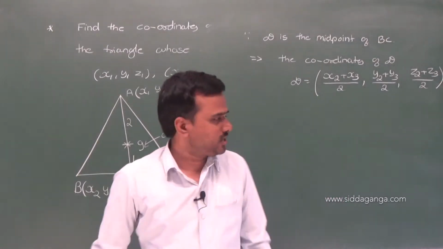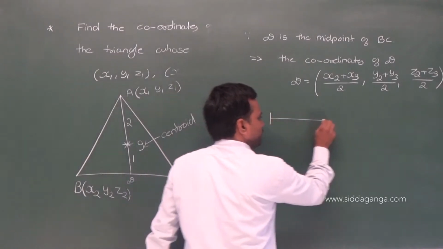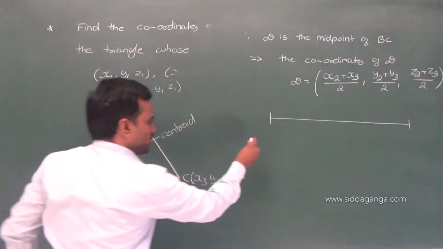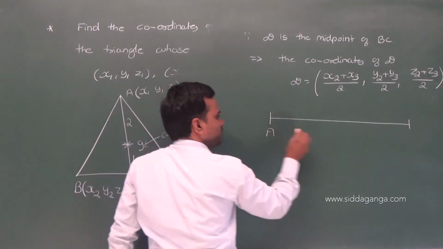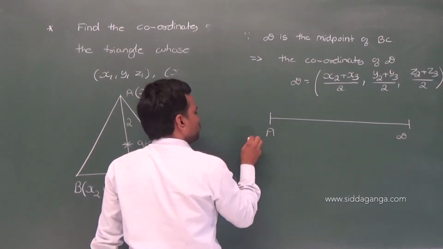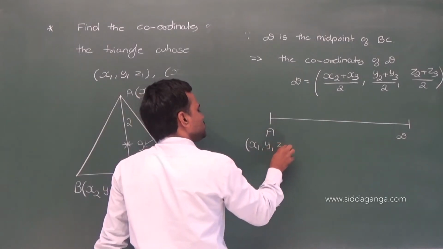The coordinates of D. See, observe here. I draw the line segment once again, only the line segment AD. I draw here A and D. The coordinates of A are x1, y1, z1.